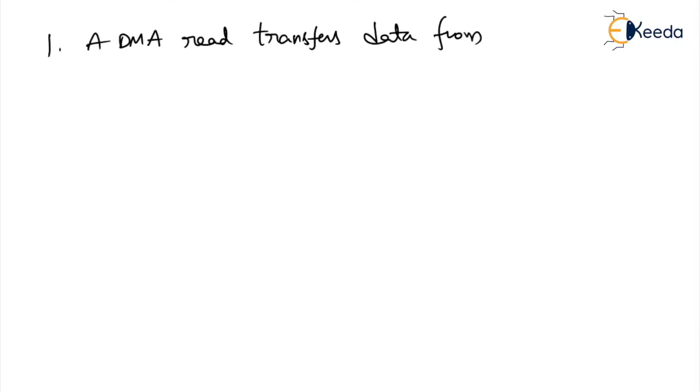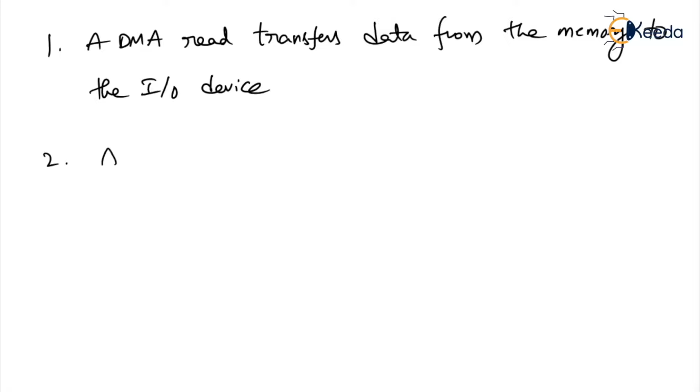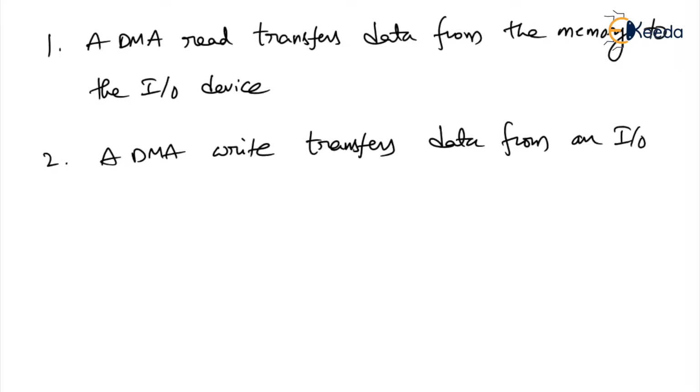That means a DMA read transfers data from the memory to the IO device, and a DMA write transfers data from an IO device to memory.